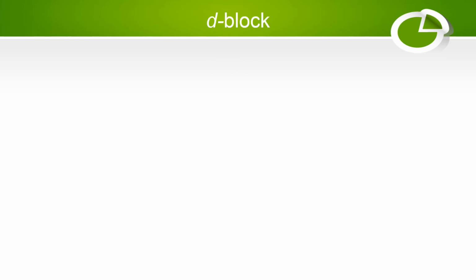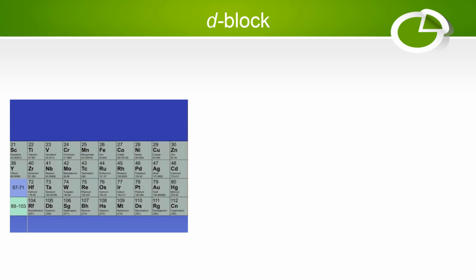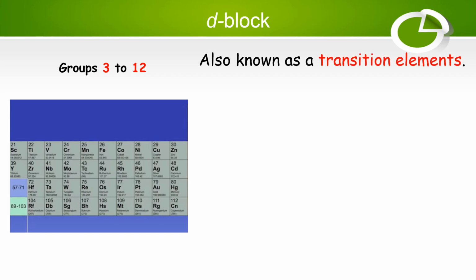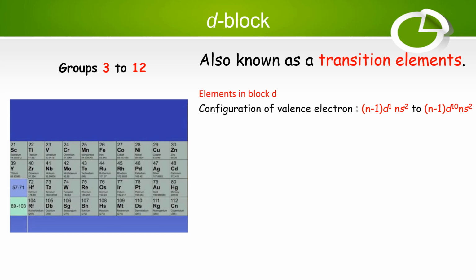Last one, D block. Elements are located at group number 3 to group number 12. D block elements are also known as transition elements. For elements in the D block, the configuration of valence electrons will be equal to n minus 1 d1 and s2, to n minus 1 d10 and s2.